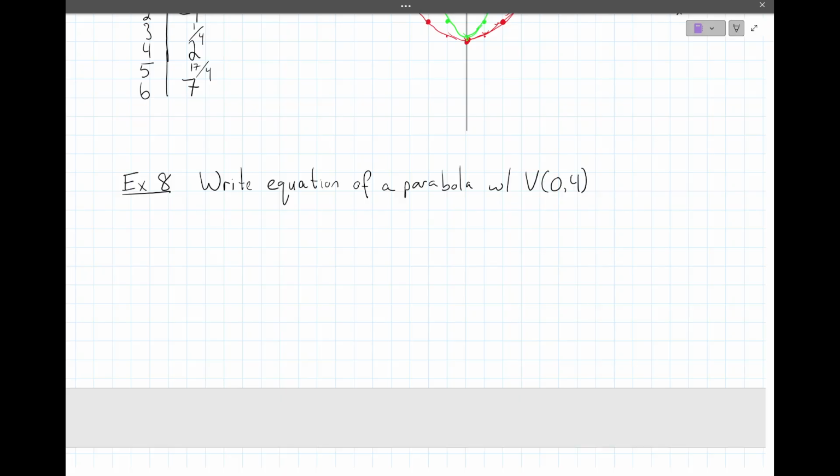So we have some information about its vertex, and it passes through the given point, (-2, 2).